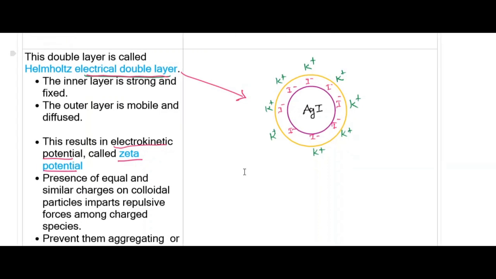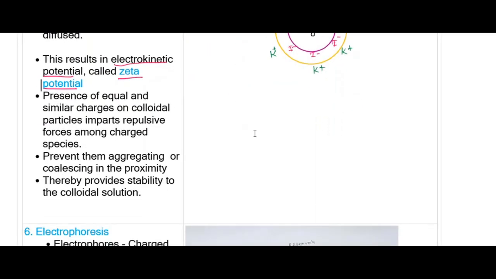Let me go further into this topic. The presence of equal and similar charges on colloidal particles imparts repulsive forces among them. Let me consider a colloidal sphere like this. It is surrounded by a specific charge, as I already told you. Now another colloidal particle is also surrounded by the same charge. Definitely there will be a repulsion, is it not?